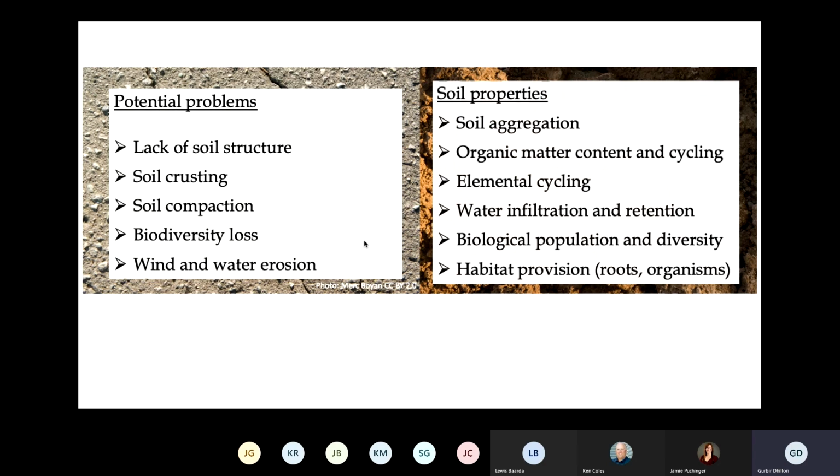It's also important to note that using a subset of these properties will not be sufficient to manage soil health. A comprehensive assessment of soil health should include the physical and the biological components, along with the chemical properties of soil that are generally evaluated in the soil testing labs.